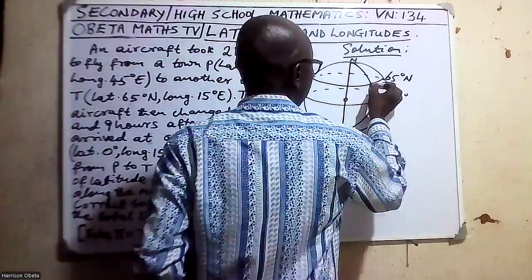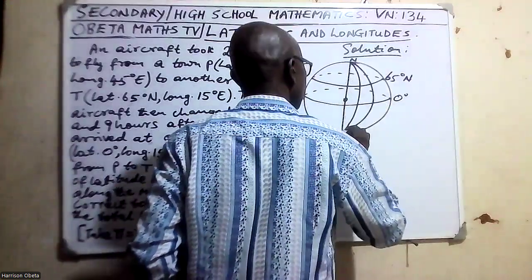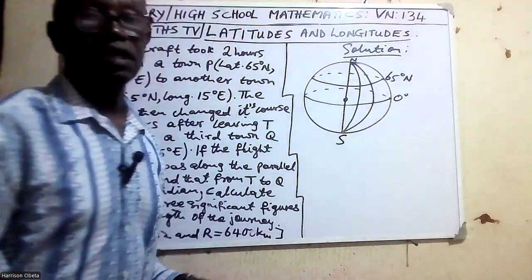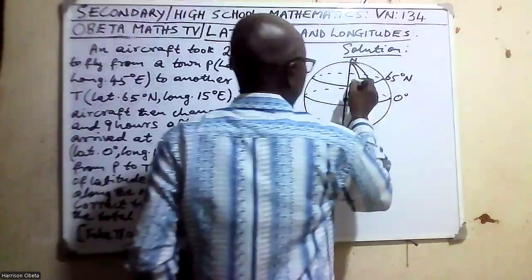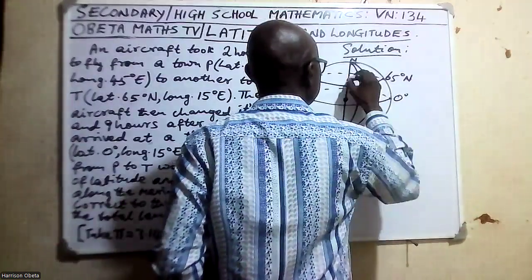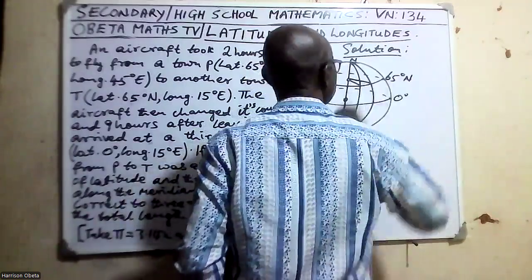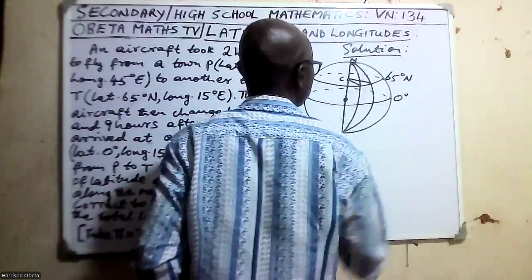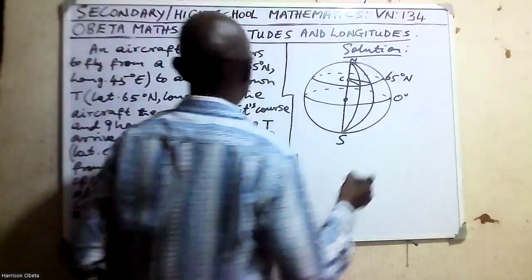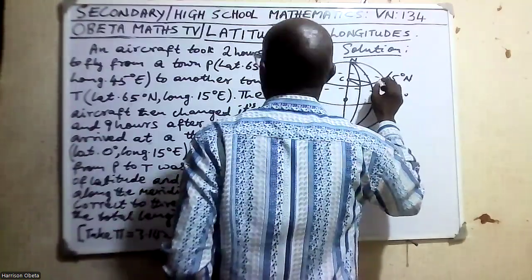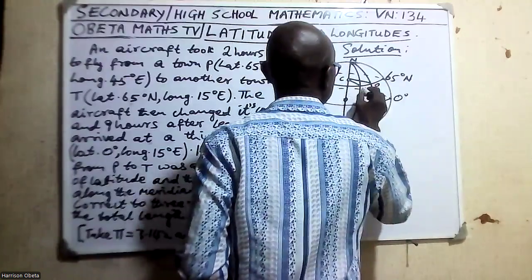So if this is 45, 15 should be here, because as we are coming back, the longitude will be decreasing until we go to 0. So we have this. And then we use C to represent the center of the small circle. So that means we have our P here, and we have our T here.